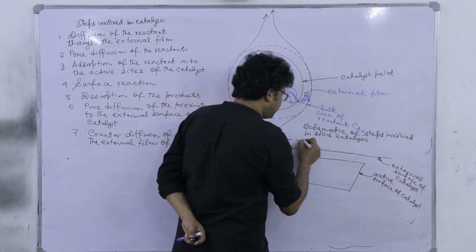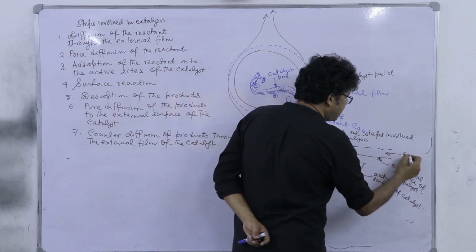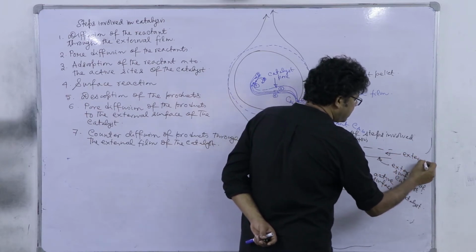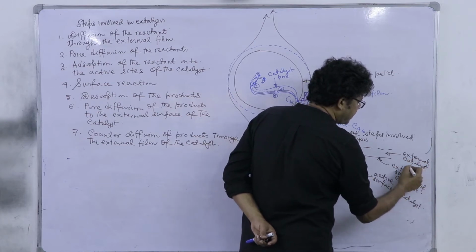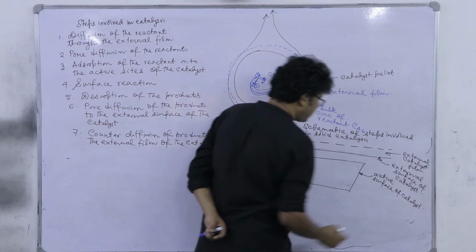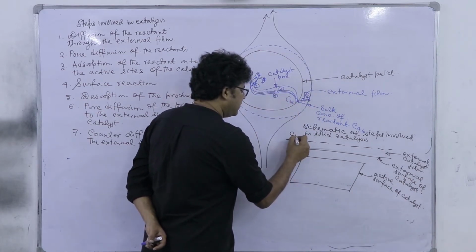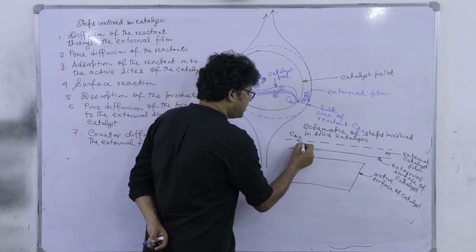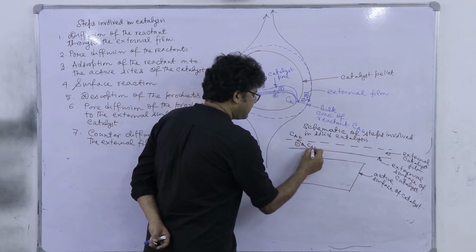And here we have the external film. Here the concentration is CAB, it diffuses from, this is step 1, CAS.